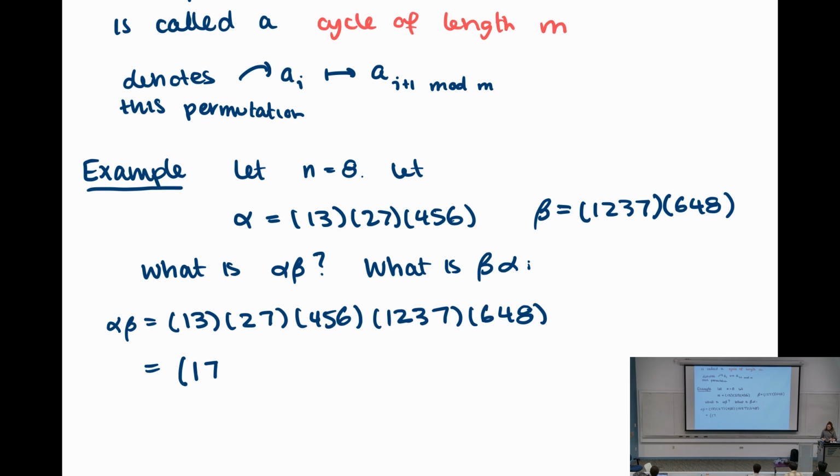Okay, so now I'm just going to keep working through. To figure out what comes next in this cycle that I'm writing down, I need to know what happens to 7. So working from right to left, here I have that 7 is sent to 1. And then after that, 1 is sent to 3. So 7 goes to 3.